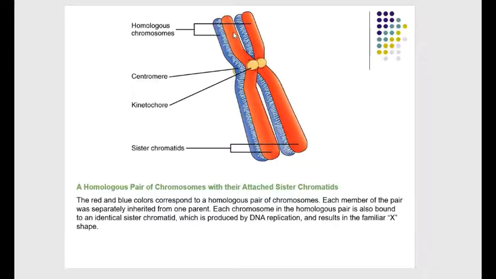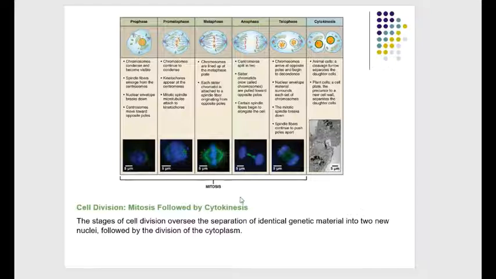And so two homologous chromosomes are going to be then bound by the centromere. Lots of new terms, I know, just roll with me, okay? So each pair are then going to be separately inherited from different parents, okay? And this DNA replication is going to happen.